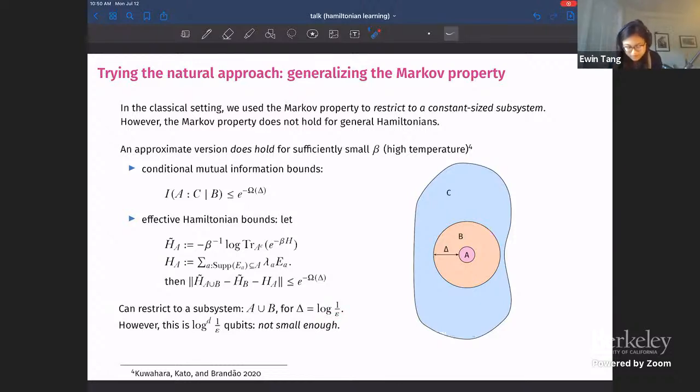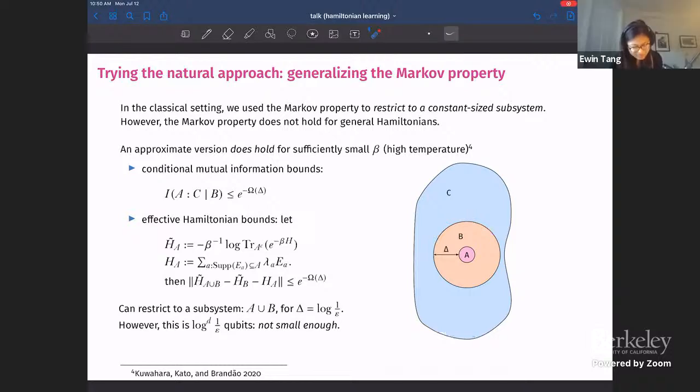Then you just ignore everything outside of this ball and pretend that the Gibbs state you were given was just A union B. Once you have this A union B, you can learn the Hamiltonian term related to A, and the term that you get is going to be close to the Hamiltonian term of the whole, original Gibbs state.